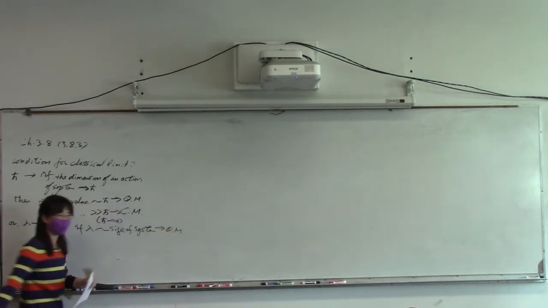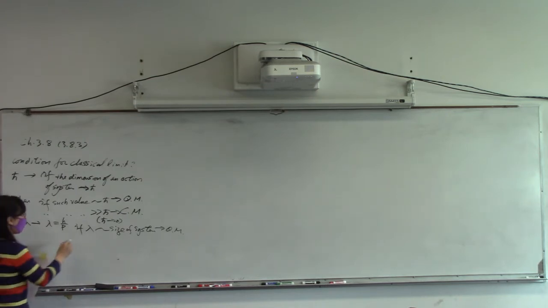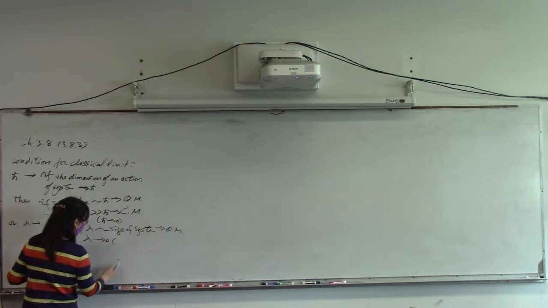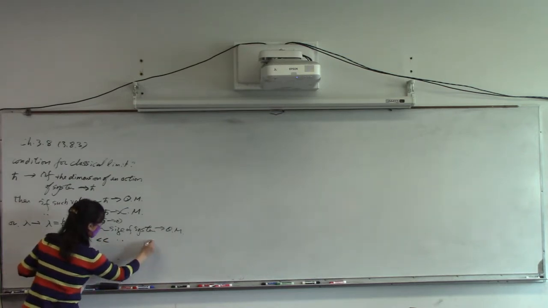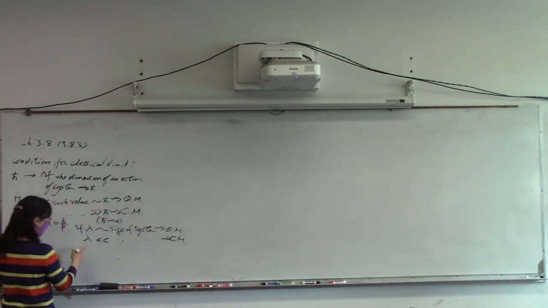We cannot ignore, in particular, the wave-particle duality. But if lambda is very, very small, going to 0, let's say much, much smaller than the size of the system, then we go to classical mechanics.